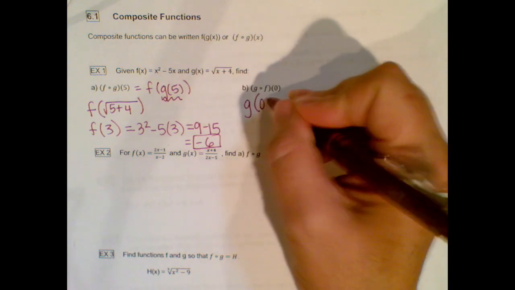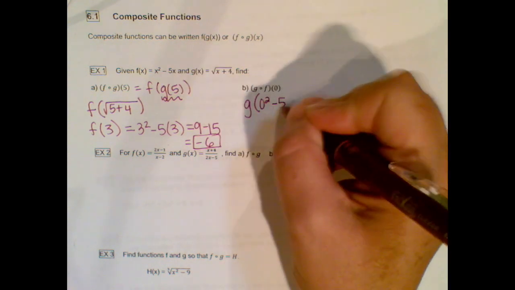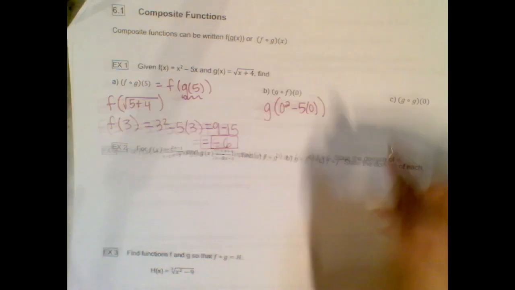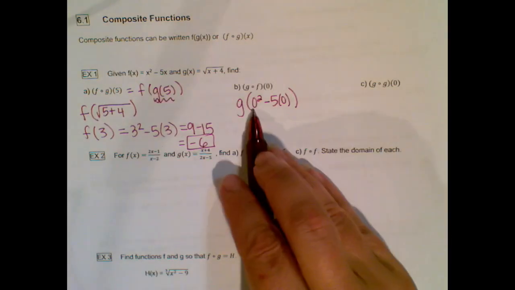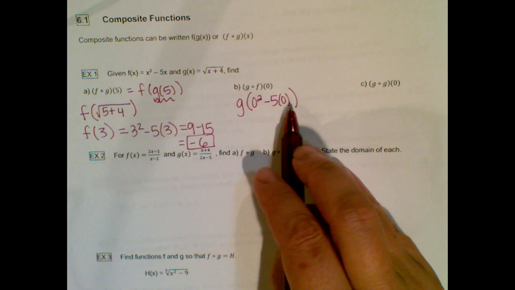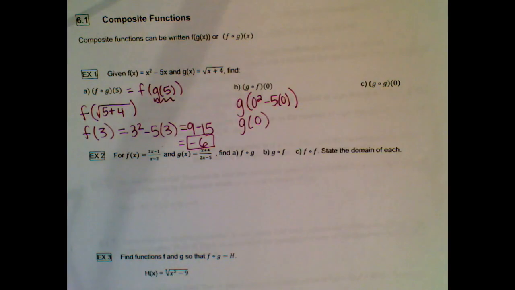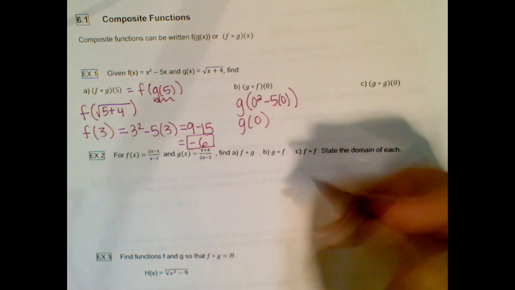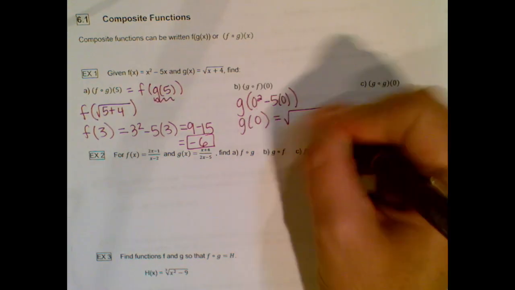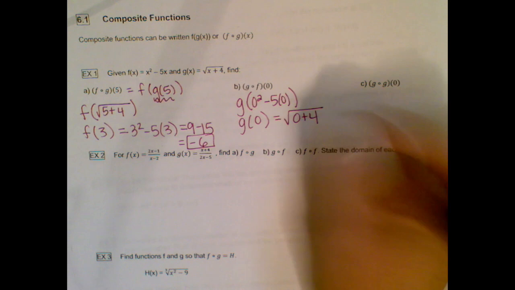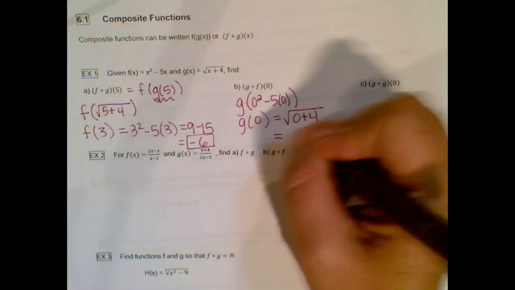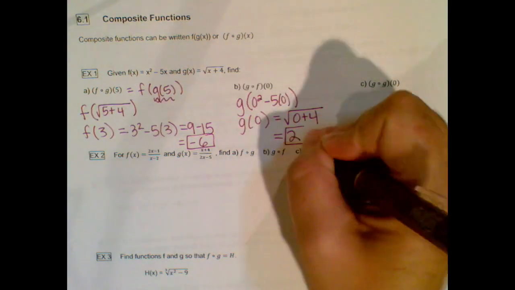So 0 squared minus 5 times 0. So 0 squared is 0, 5 times 0 is 0. So this simplifies to g of 0, which means put 0 in here. So square root of 0 plus 4, which square root of 4 is 2.